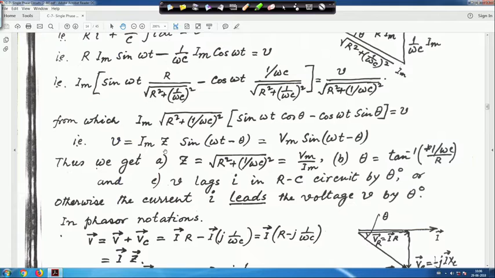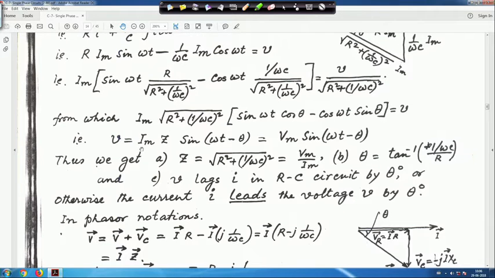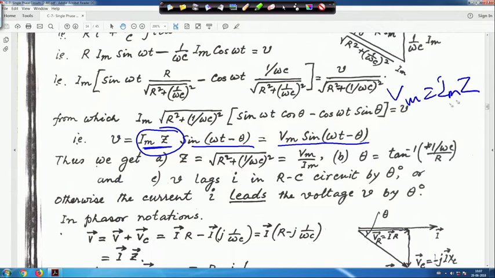So in this case also it becomes V is equal to Im Z sin (omega t minus theta). So Vm is equal to Vm sin (omega t minus theta), and Vm is the magnitude Im Z.